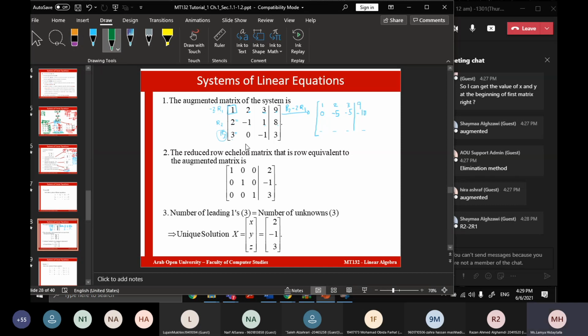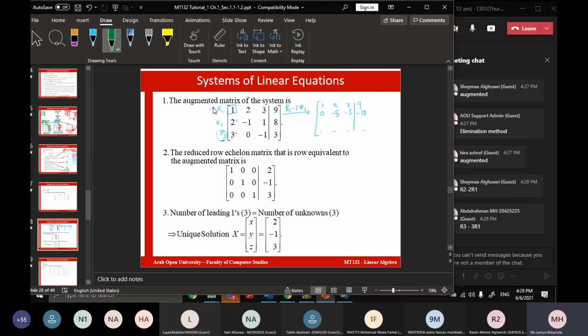Now, what about R3? How do we change it? We multiply this one times minus 3, correct? So the new R3 is the old R3 minus 3 R1. So 3 minus 3 is 0. And then 2 times minus 3 is minus 6, minus 6 plus 0 is minus 6.